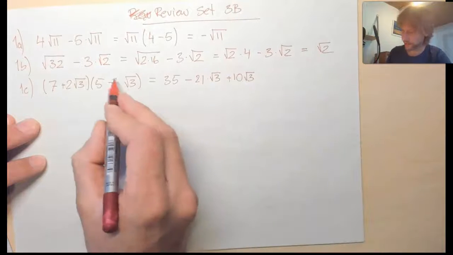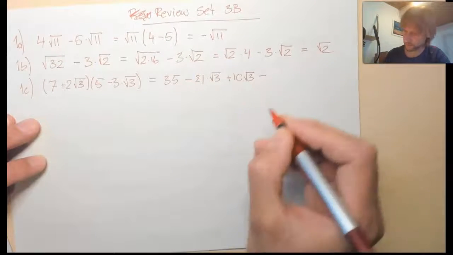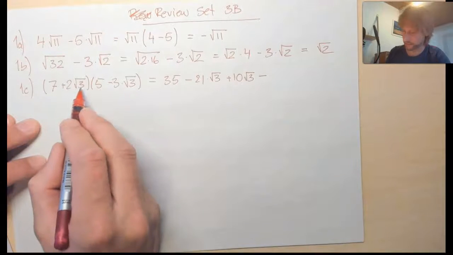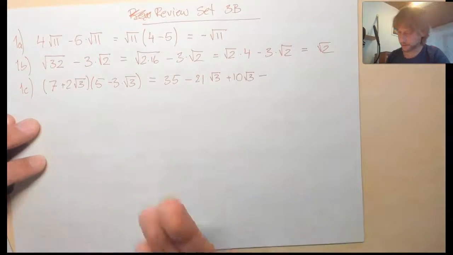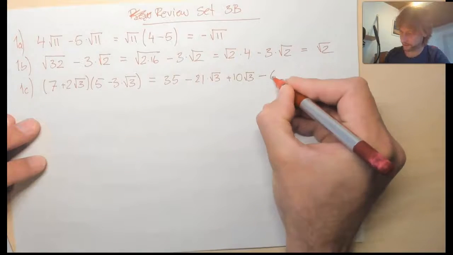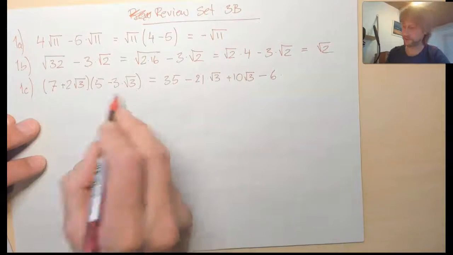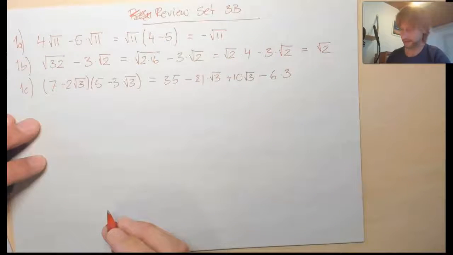This has to be subtracted since this term is subtracted in this bracket. So we subtract, and then 2 times the square root of 3 multiplied with all this. Again, I can do the factors in the order that I want. So I start by 2 times 3, that's 6, multiplied with the square root of 3 times the square root of 3, that's really just 3.